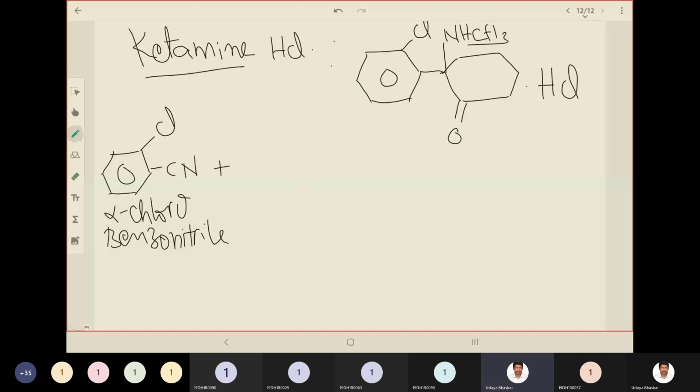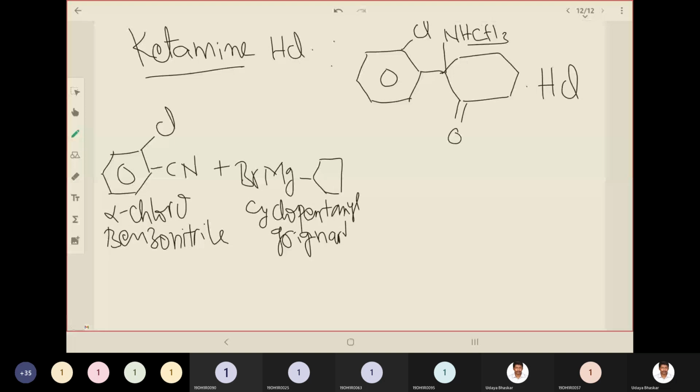I'll show you. What is that? Bromine, halogen, that is X. Mg is the magnesium atom. Then R, this is cyclopentyl. This is cyclopentyl Grignard. So it's a simple protonation and condensation.